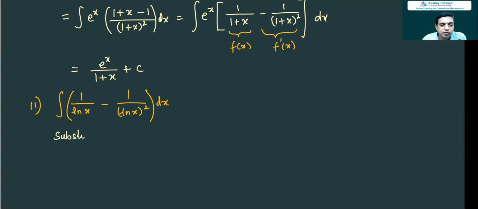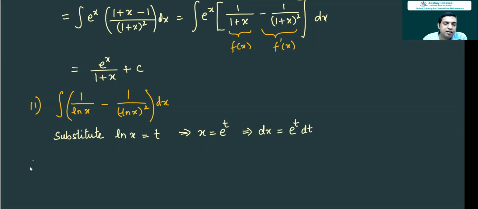Substitute log x is equal to t. This gives us x is e raised to the power t. This implies dx, the differential of x, is derivative of e power t, which is e power t dt. Therefore, the integral is 1 upon t minus 1 upon t square times e power t dt.